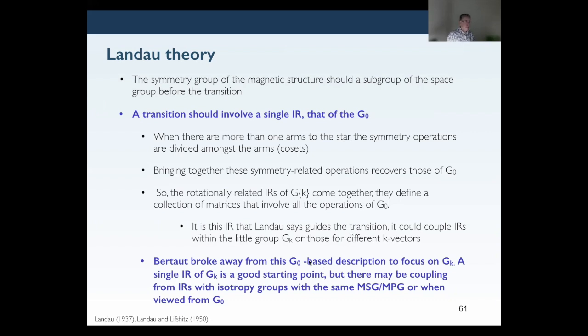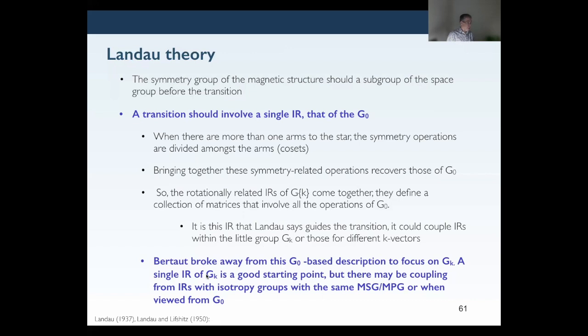Now, Bertaut moved away from this full group, this G0 space group, and instead focused on the group of the propagation vector. He did it because in many cases, a single irreducible representation of GK is a good starting point. Many magnetic structures involve only a single propagation vector being involved rather than all of the arms of the star.